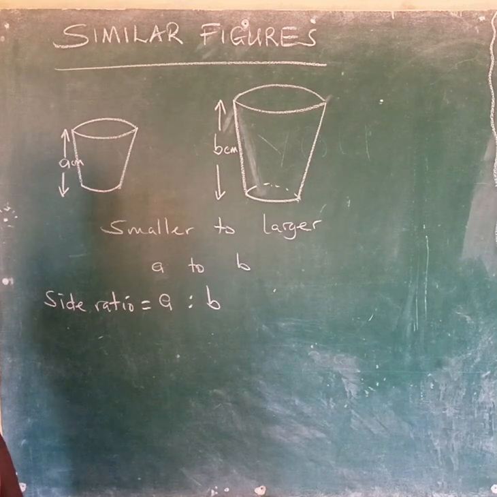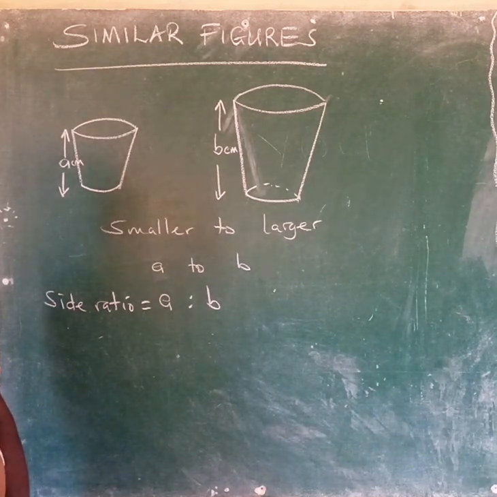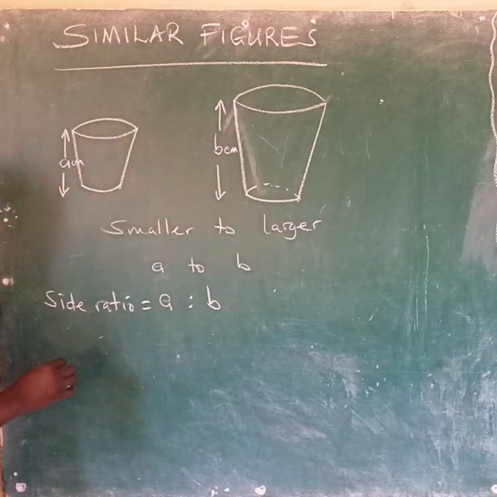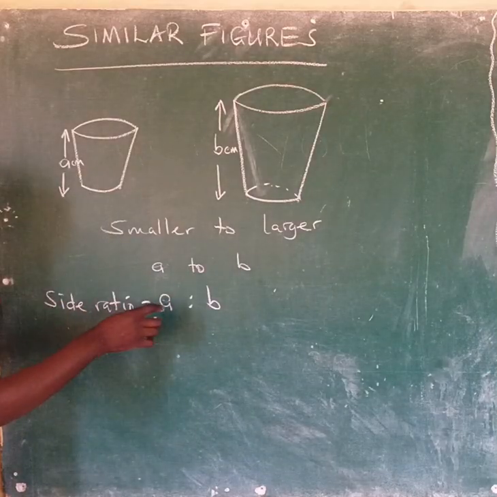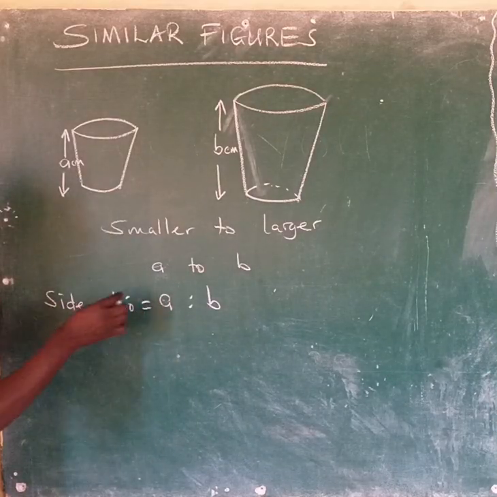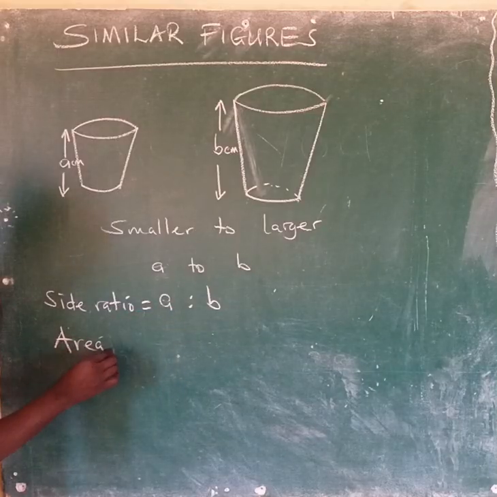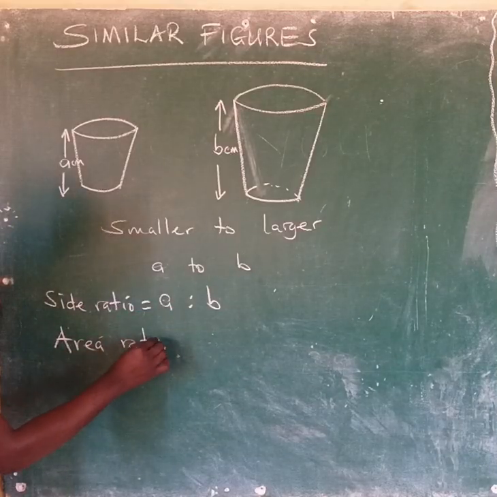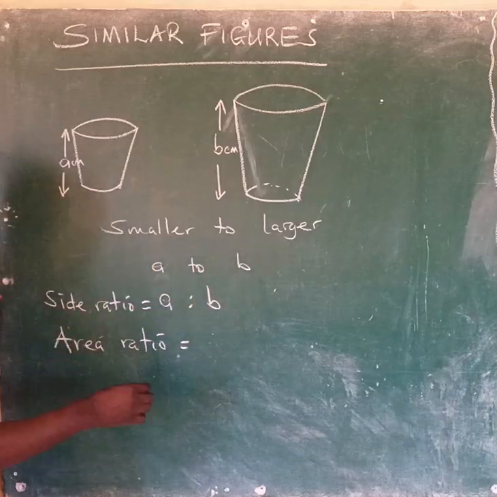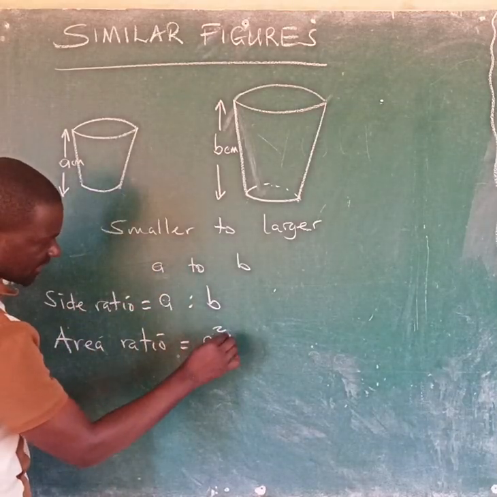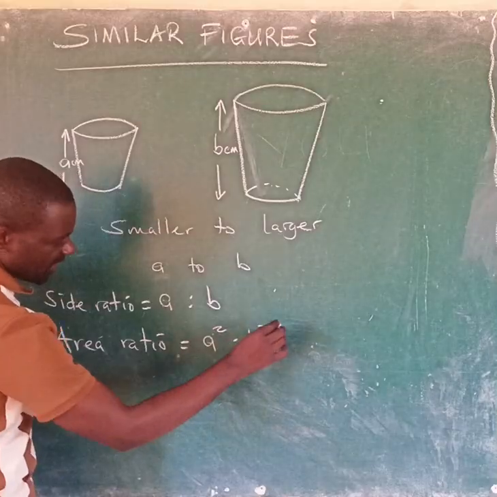In case you want to know the ratio for their volumes, or before volume, maybe we talk about area. Area ratio coming from this, we simply say area ratio is equal to, you just square this one. So we talk about A squared to B squared.